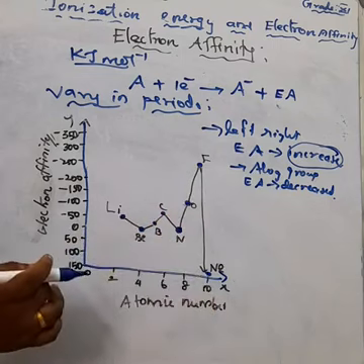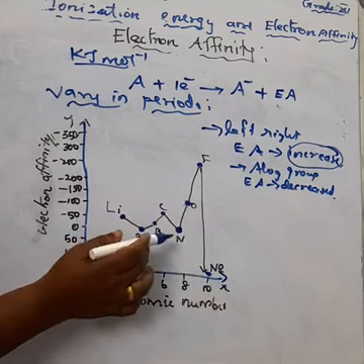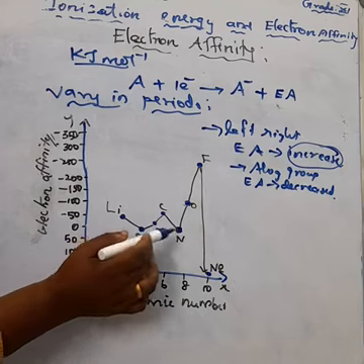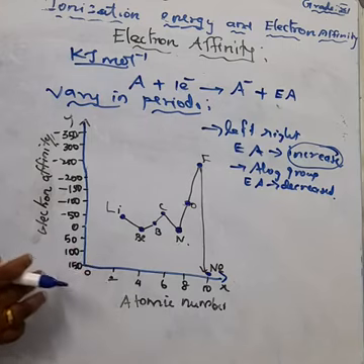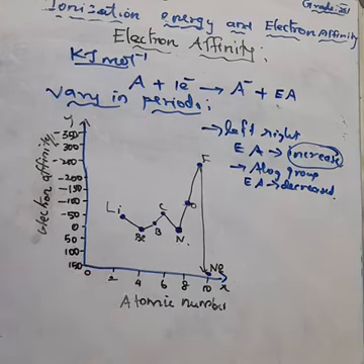But here, the variation of electron affinity is not as systematic as in the case of ionization energy. As we move from alkali metals to halogens in a period, let us see the second period.